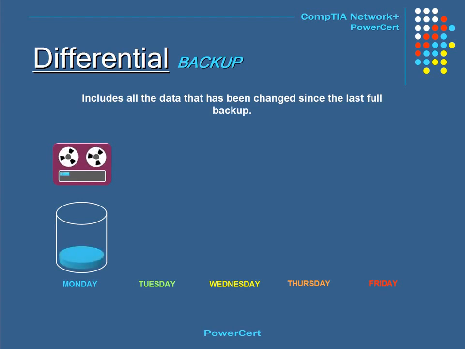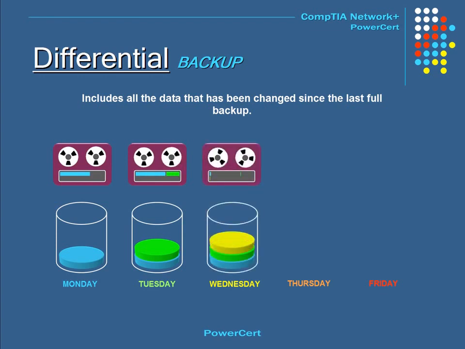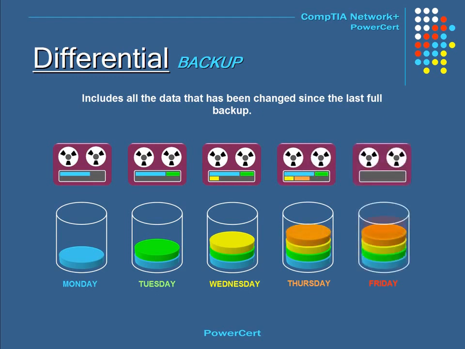So Monday will copy Monday's data, Tuesday will copy Monday's and Tuesday's data, Wednesday will copy Monday, Tuesday, and Wednesday's data, and so on. As you can see on this illustration, each backup tape copies data not only from its own day, but also from the previous days since the last full backup, which was done on the weekend.